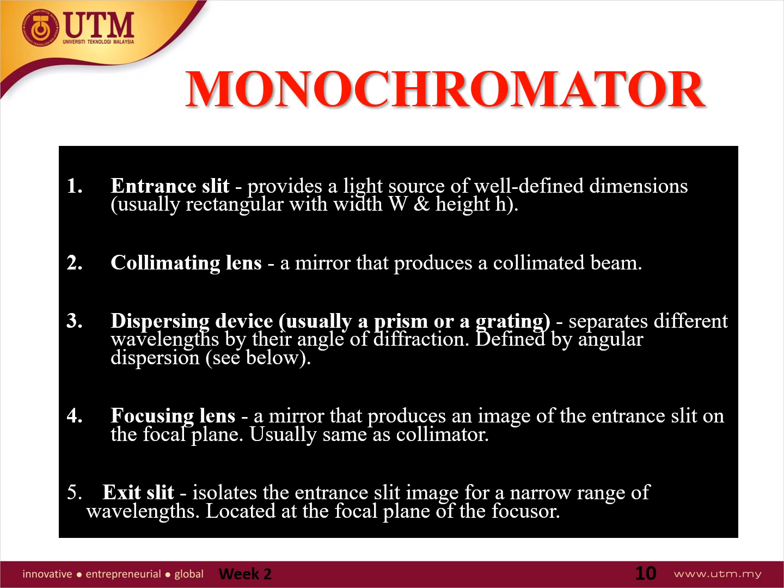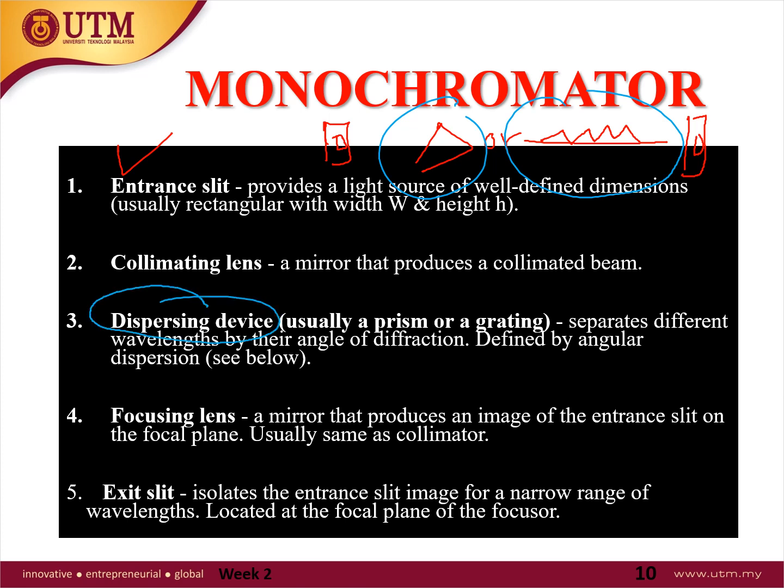A monochromator consists of the entrance slit, just now, and then you have either a prism or a diffraction grating, and then you have the exit slit. The prism or the diffraction grating is what we call the dispersing device, to separate different wavelengths.